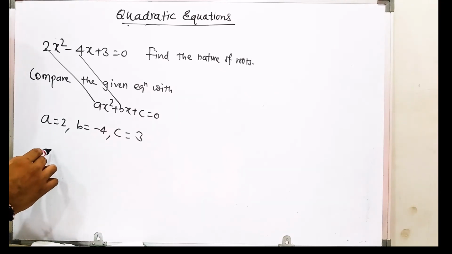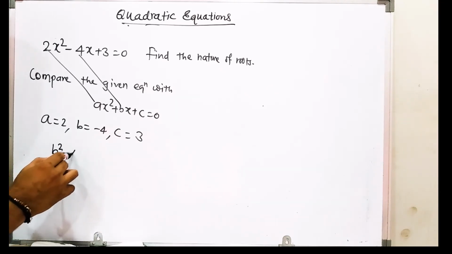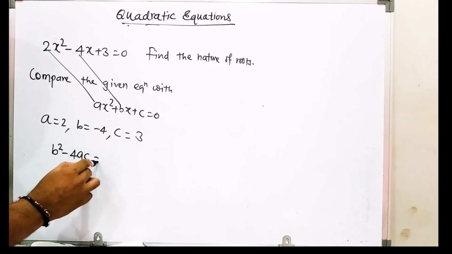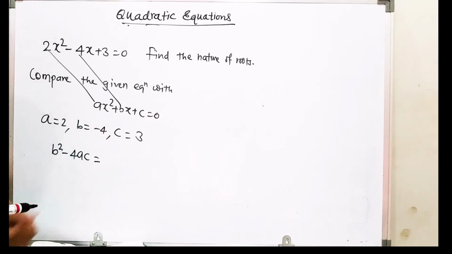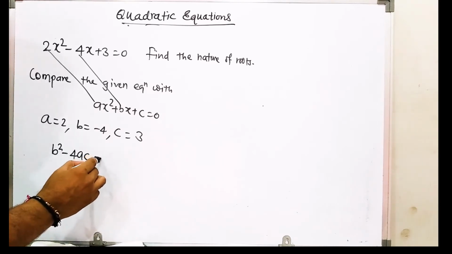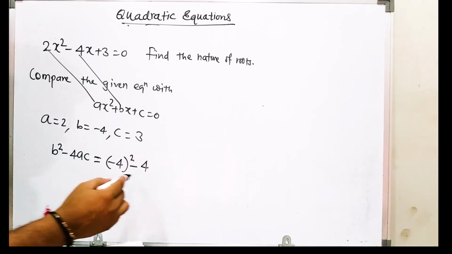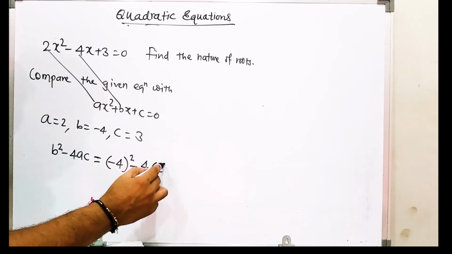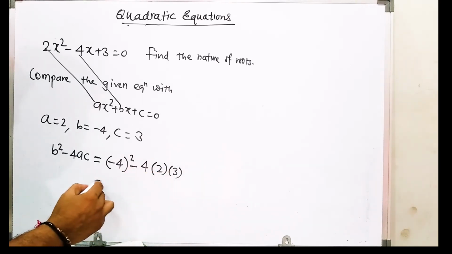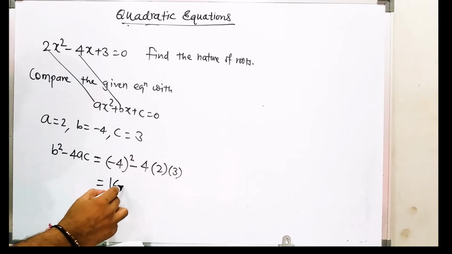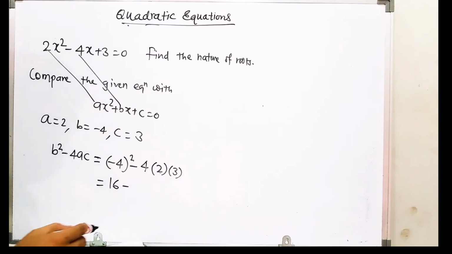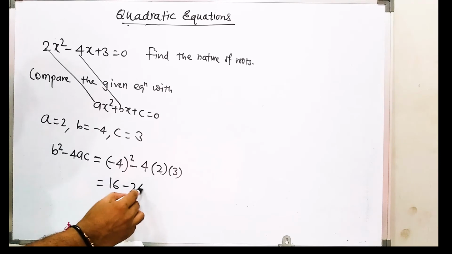Now let us find the discriminant to know the nature of the roots, and discriminant is given as b square minus 4ac. So what is the value of b? It is minus 4 square minus 4 into 2 into 3. So minus 4 square is 16, minus 4 into 2 means 8 into 3 is 24.